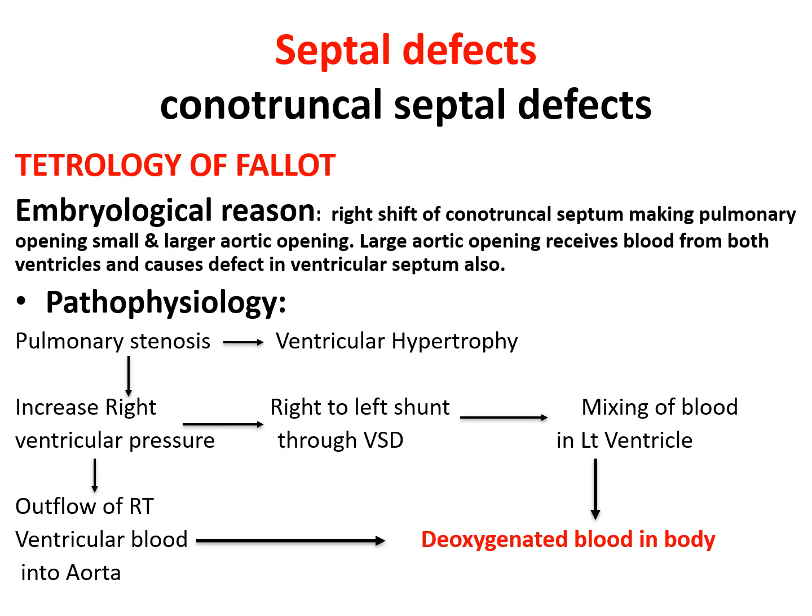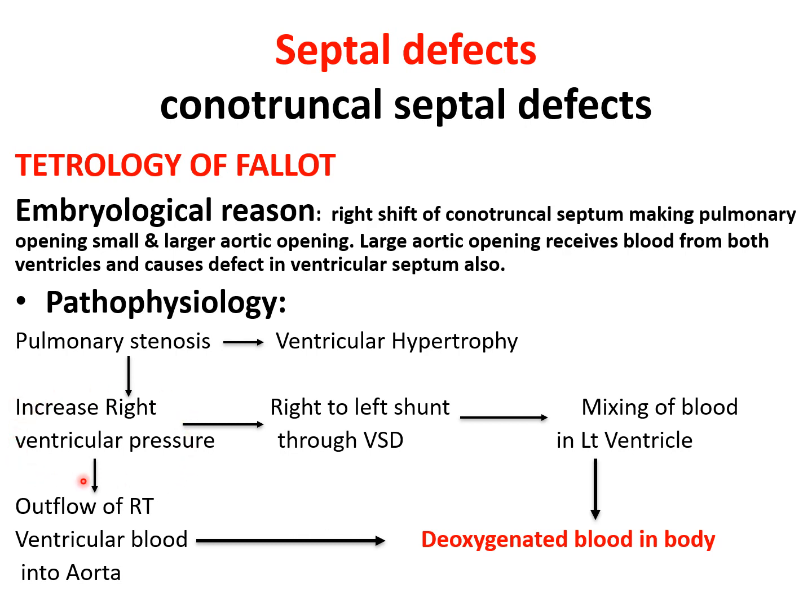That is, there is a pulmonary stenosis, we know that. And because of the pulmonary stenosis, the right ventricle has to work harder. So that is why its muscles get enlarged, causing ventricular hypertrophy. At the same time, because the whole amount of the blood has to be pushed very forcefully, there is increase in the right ventricular pressure.